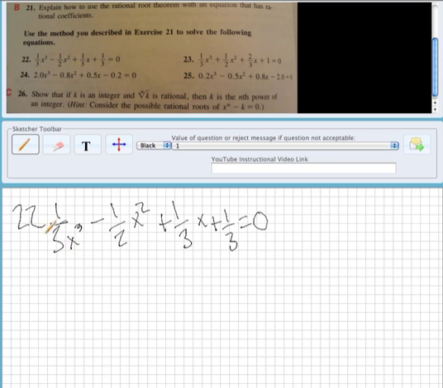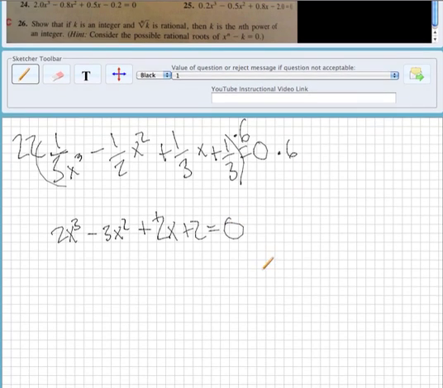So what we want to do is get rid of these coefficients with denominators, and what we're going to do is multiply both sides by 6. 0 times 6 and this whole thing times 6. So it comes out to 2x cubed minus 3x squared plus 2x plus 2 equals 0.